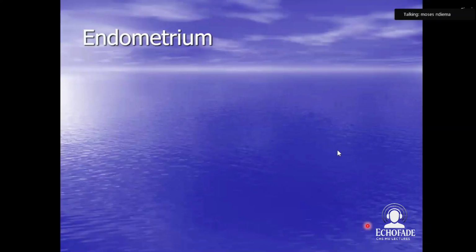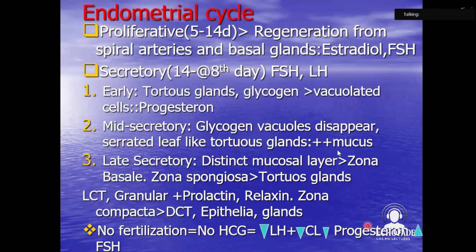So we now have shedding off of the stratum functionalis because of reduced progesterone and also coiling of the coiled arteries that supply the stratum functionalis. So this is what we have as the endometrial cycle. These are changes in the endometrium, but you call it the endometrial cycle.